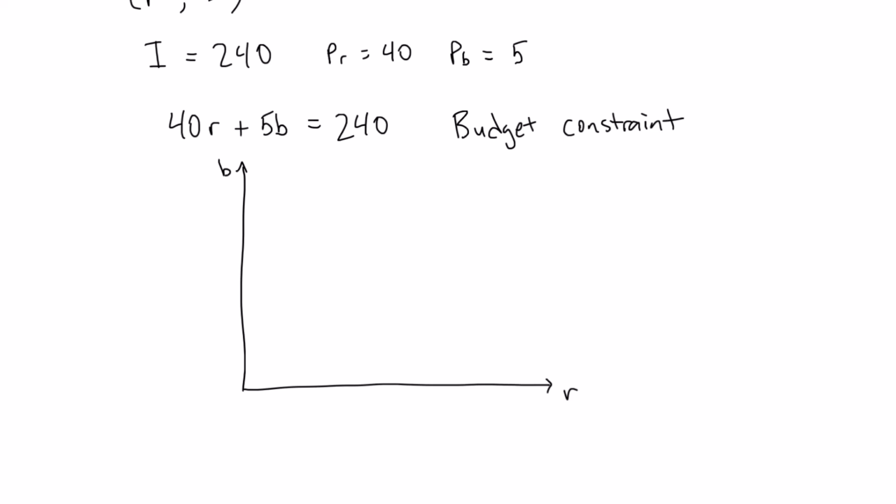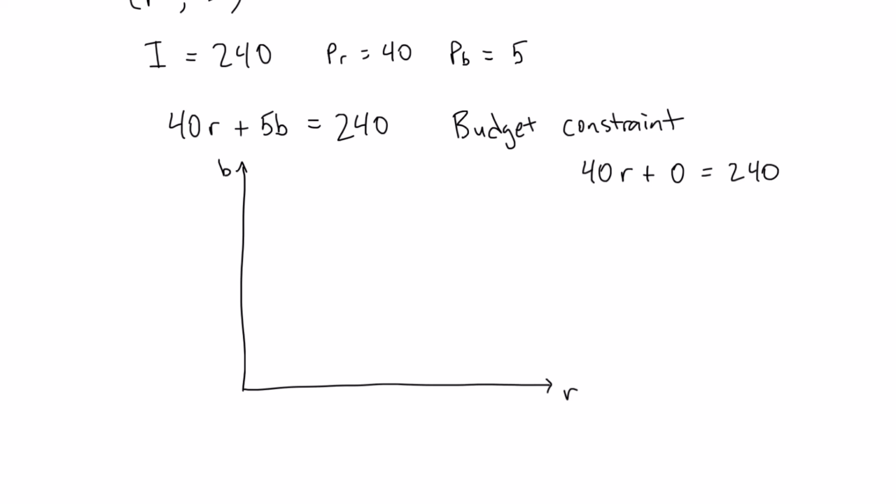When we think about what the budget constraint looks like, let's think about the intercepts. First of all, what if this consumer were to spend their entire income on rum and buy 0 bananas? That's going to give us the equation 40R plus 5 times 0, since they're consuming 0 bananas, that's 0, equals 240.